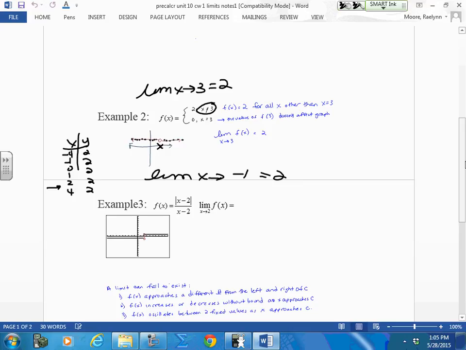Now, this is a very different situation. If I graph this in my calculator, I get this graph. So if I'm looking for the limit when x approaches -1, if x is -1, what's the value of y? You have this on your sheet.